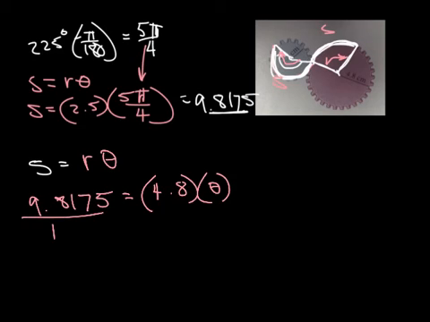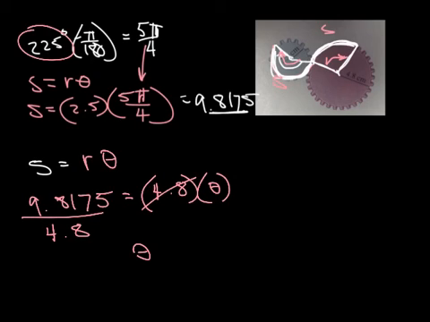So if we divide by 4.8 and get rid of that, we should get our degrees, but it'll be in radians, not in degrees. So 9.8175 divided by 4.8, and the reason it's in radians is because that's what we've been doing this work in. We translated 225 degrees into radians. So therefore, that's what we're working for.